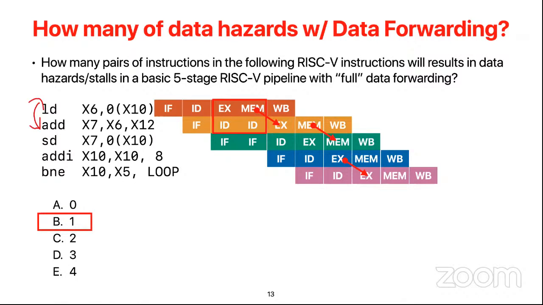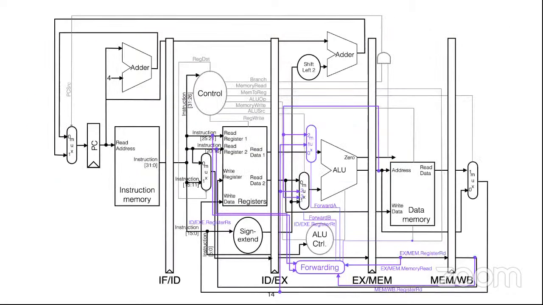So that's why for this question, with data forwarding, you can see that previously with only stalls, every instruction with data dependency would cause, in this example, a data hazard. Now with data forwarding, only one causes a hazard.